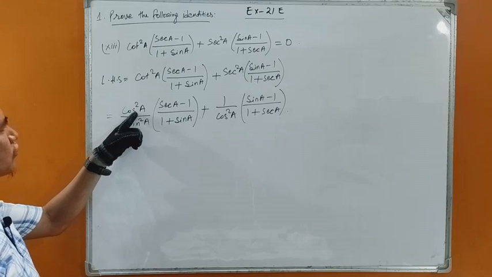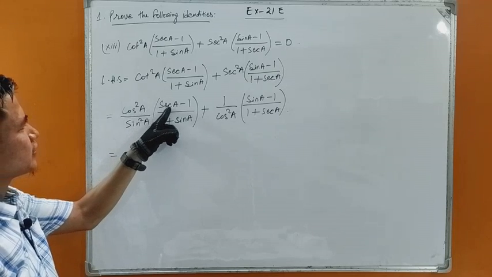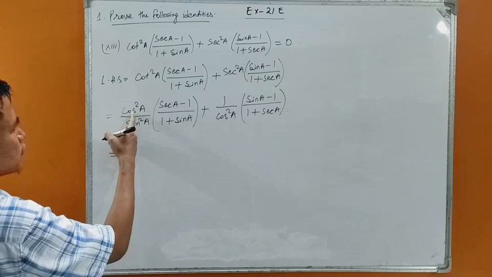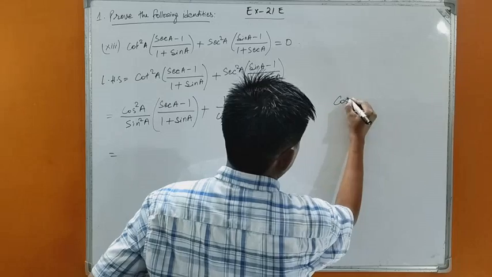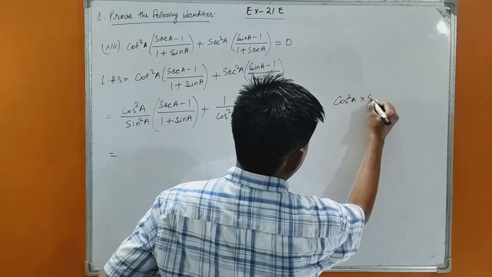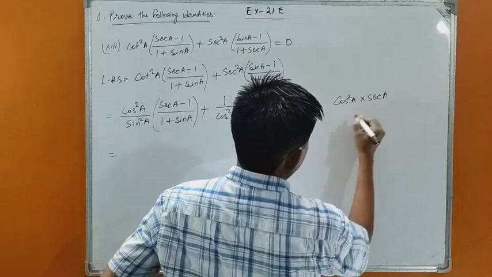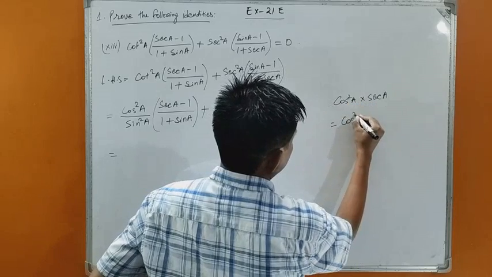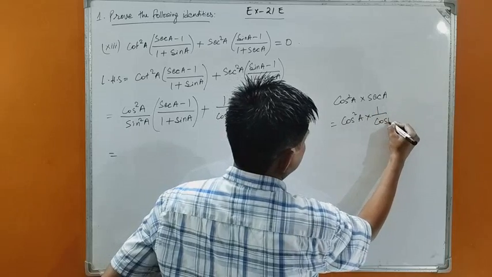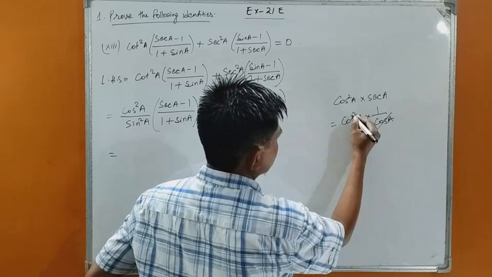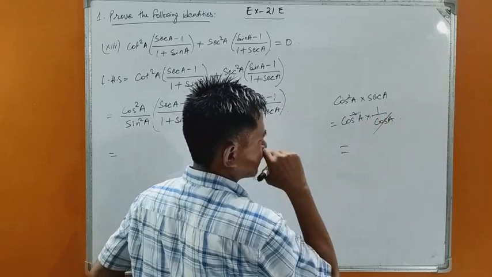So let me multiply this cos square A with this sec A and 1. Cos square A into sec A, where this sec A is written as 1 upon cos A, isn't it? So this cos A and one cos A from the numerator can be cancelled.